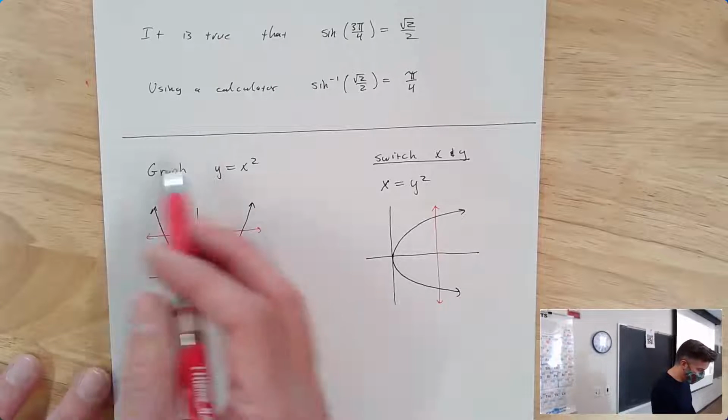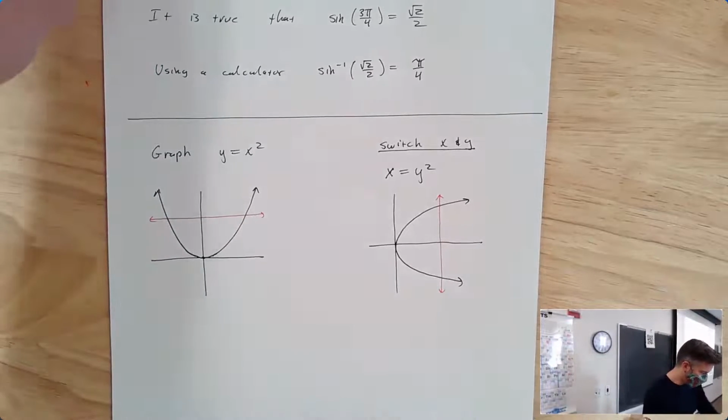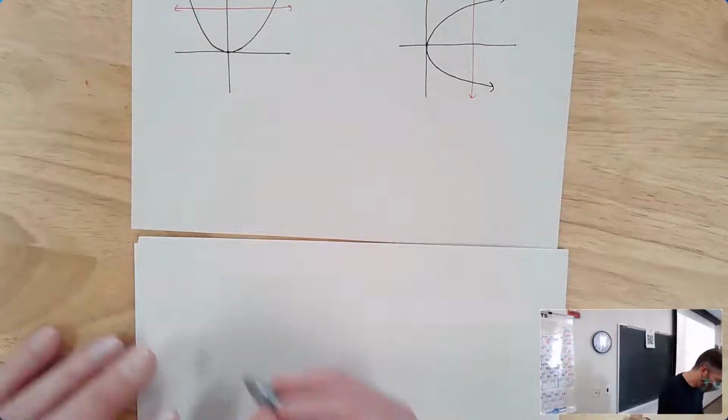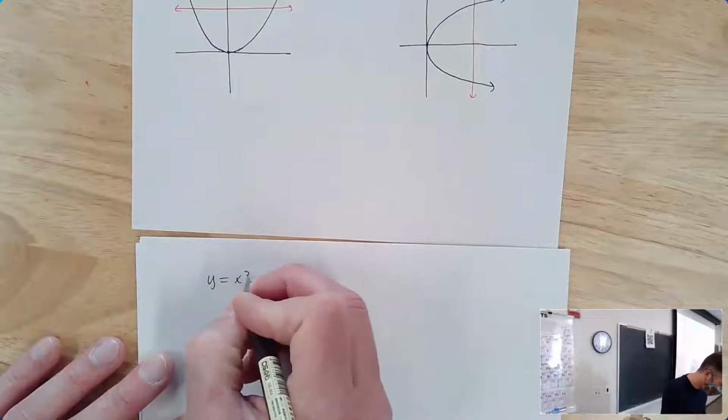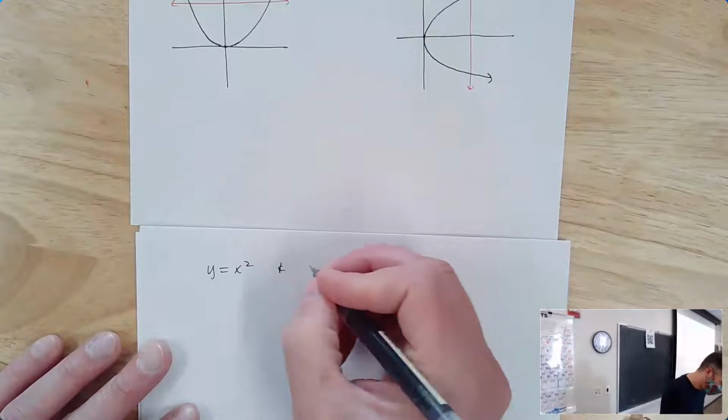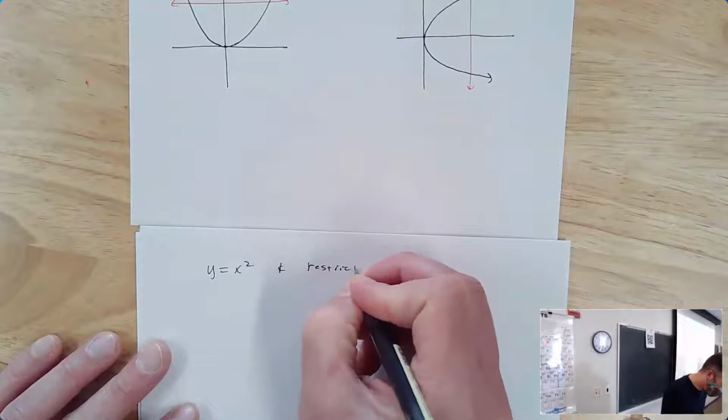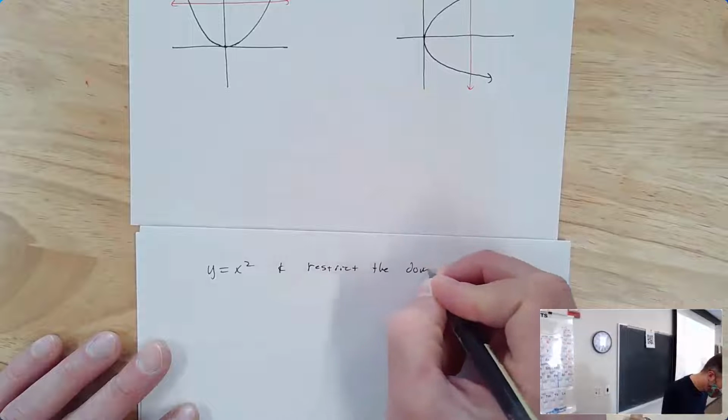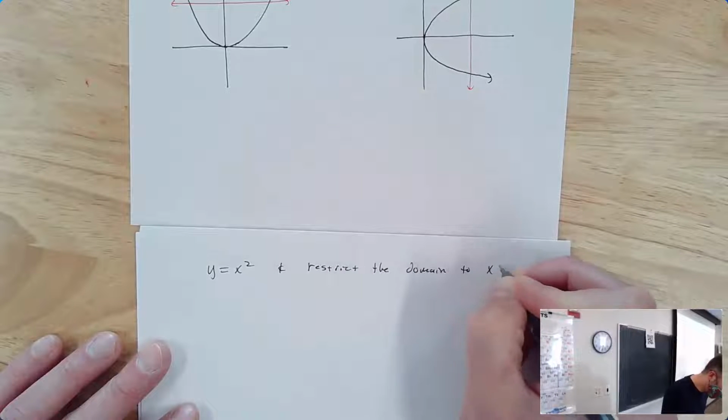So if I want to invert this, we're going to take y equals x squared and restrict the domain to x greater than or equal to 0.